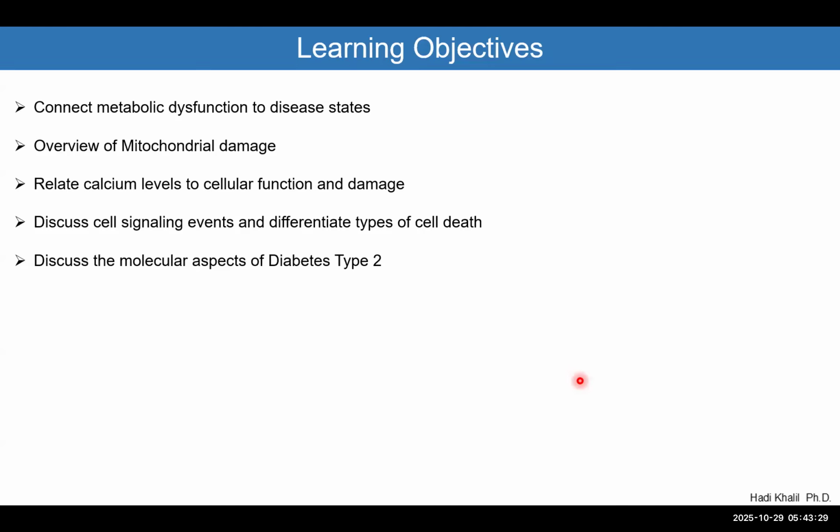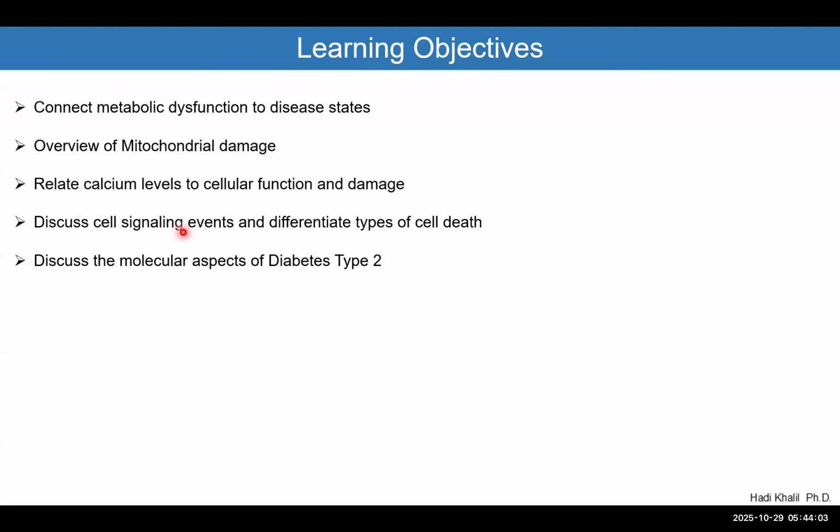So today we are going to connect the metabolic dysfunction to the disease states, and particularly the loss of ATP. We will continue about the mitochondrial damage and get an overview how that happens. One of the aspects that we will discuss is the levels of calcium, as I said, and its normal function and its function during the damage.